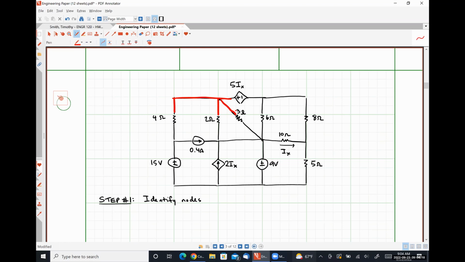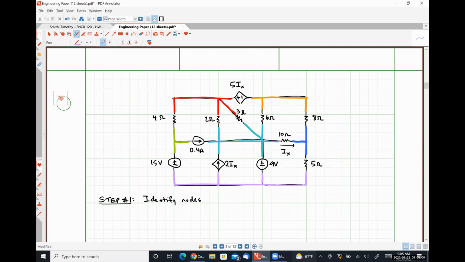So we have this node at the top left, this node at the top right, this node at the middle left, this node in the middle, this node at the right, and this node at the bottom.